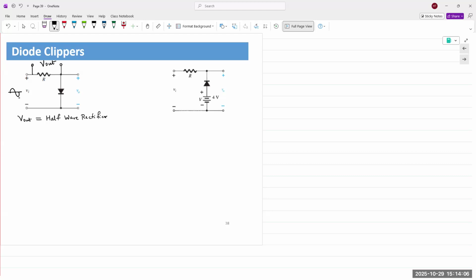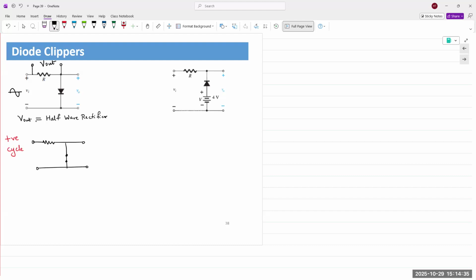So a quick and easy way to analyze this circuit: let's say in the positive half cycle, the diode is forward biased. So it behaves like a short circuit, right?